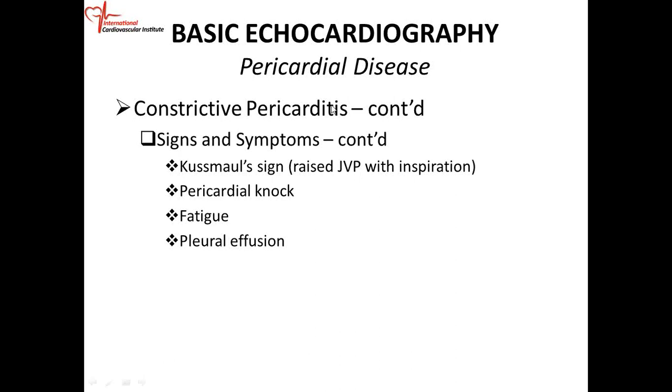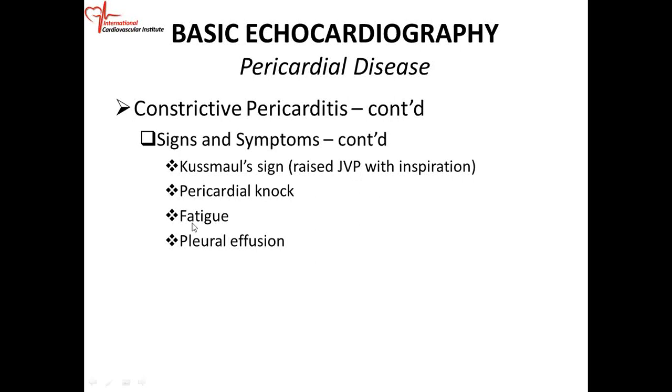So you have the Kussmaul sign, raised JVP with inspiration, and the pericardial knock, because when the heart in diastole tries to increase its size, it's going to knock on that stony pericardium. So you'll hear this diastolic sound, which we call a pericardial knock.